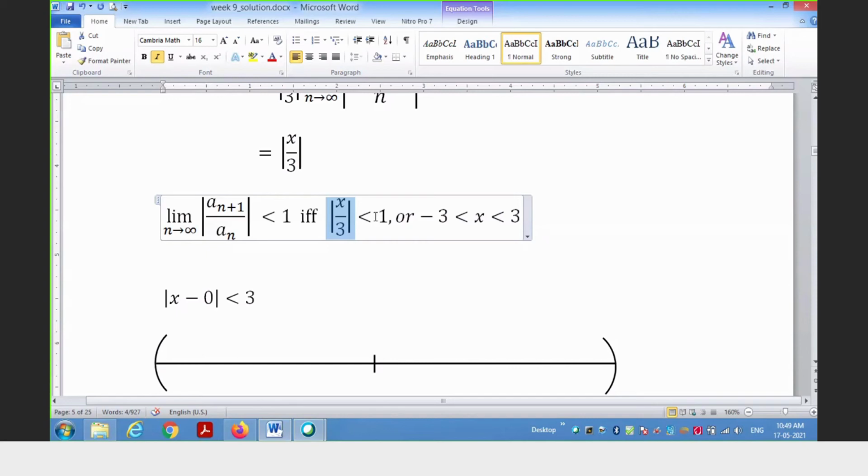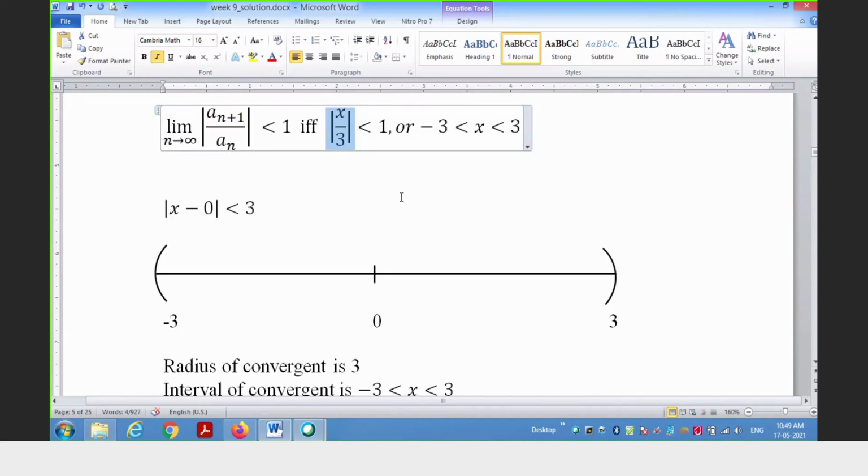Okay, so that means x equal to 0 is the center, because x equals x minus 0. Or you can write this as the absolute value of x minus 0 less than 3. They are the same. Here it implies that x is between minus 3 and 3.